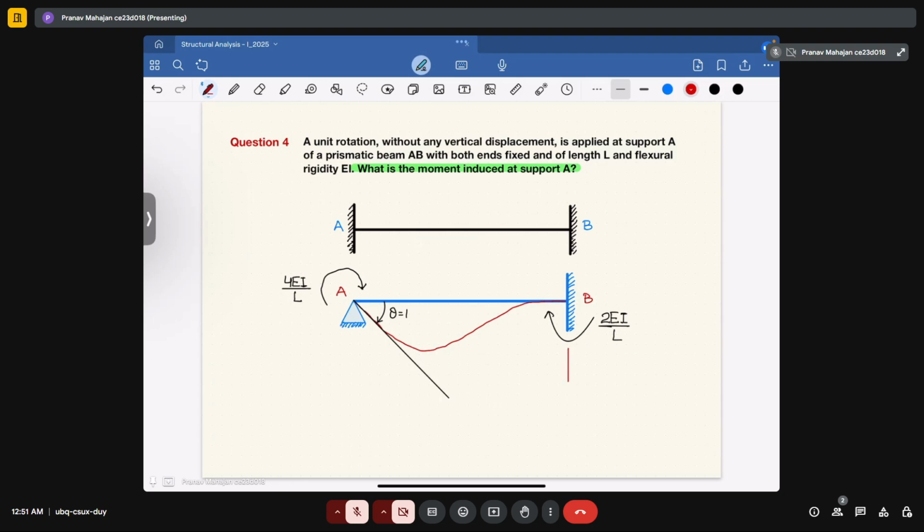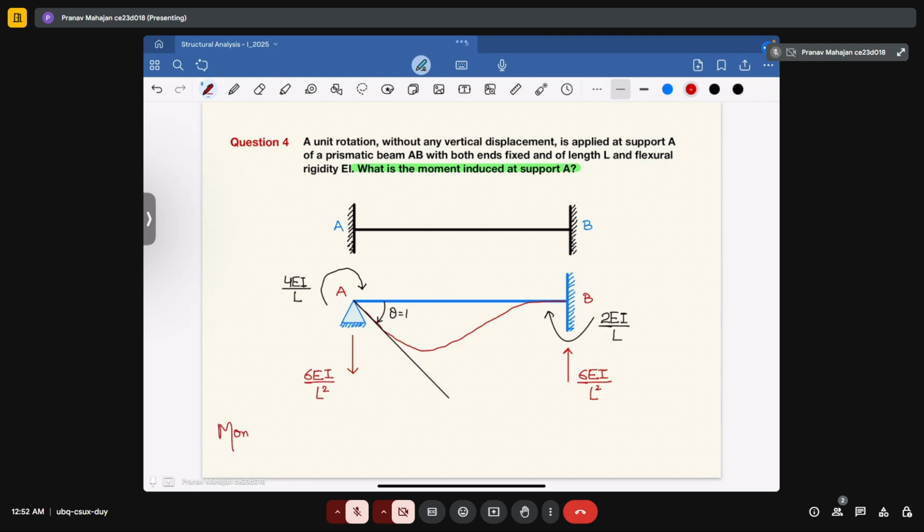So this is the anti-clockwise couple, and they will have values equal to 6EI upon L square, and here also it would be 6EI upon L square.